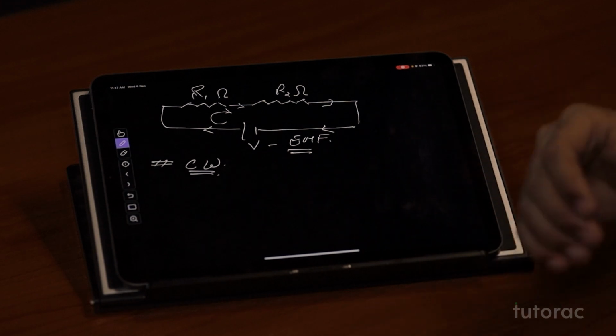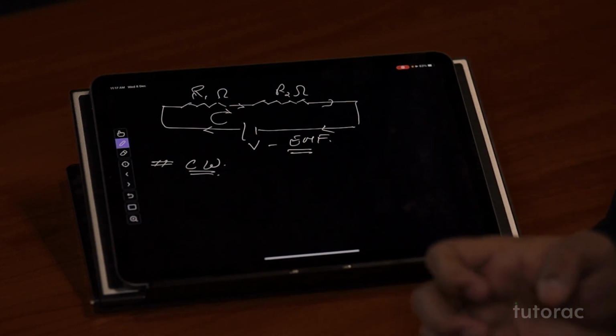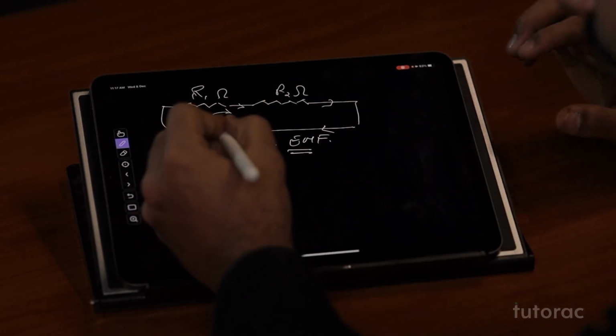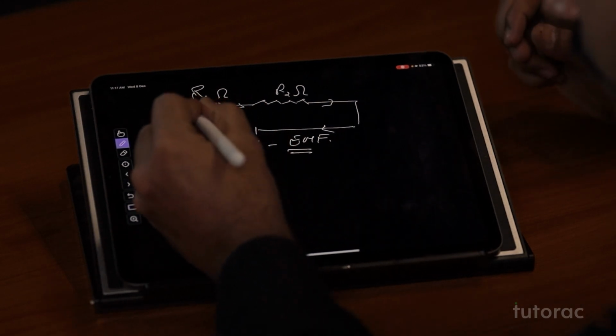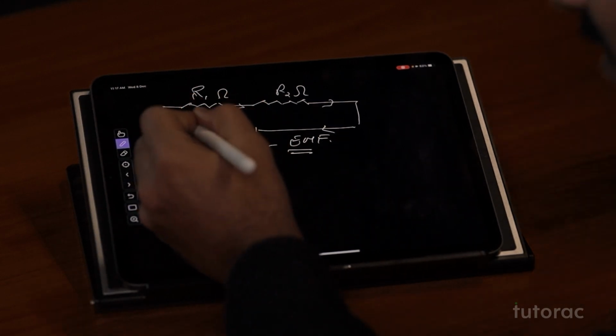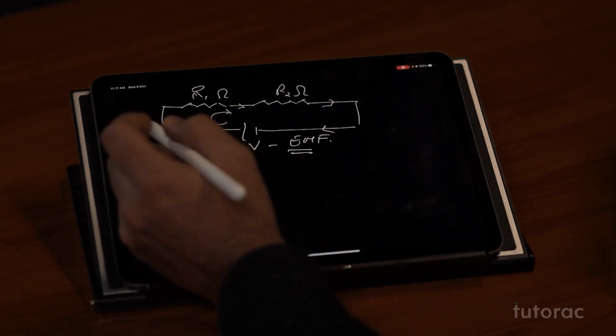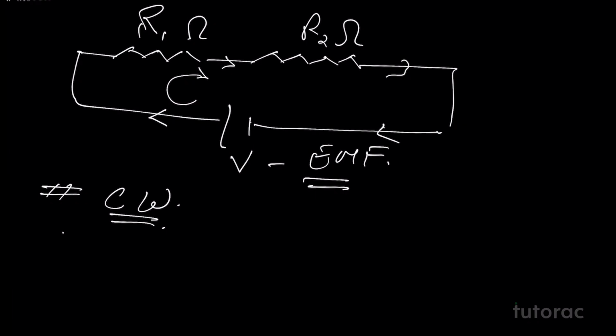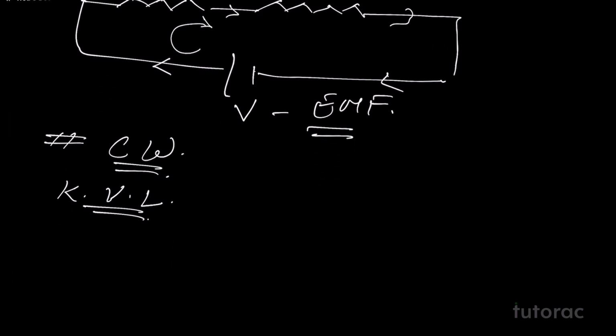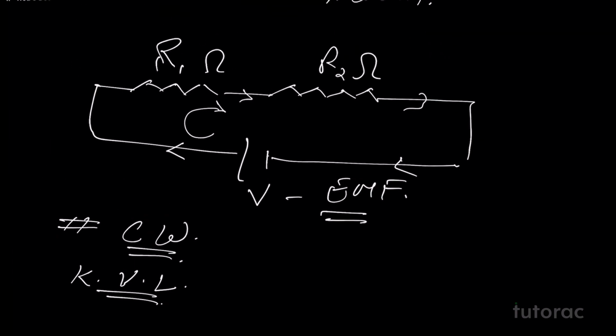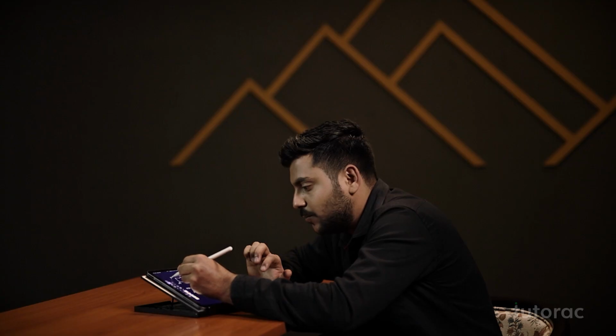As I told you earlier, if we move in the direction of current, think of an electron or a charge moving in this direction, while going through a resistance in the direction of current, you will lose your energy. So, I'll write it as negative. I'm applying Kirchhoff's voltage law here actually, or the loop law. So, while moving, let's say this is A, B, C, D, from A to B to C.